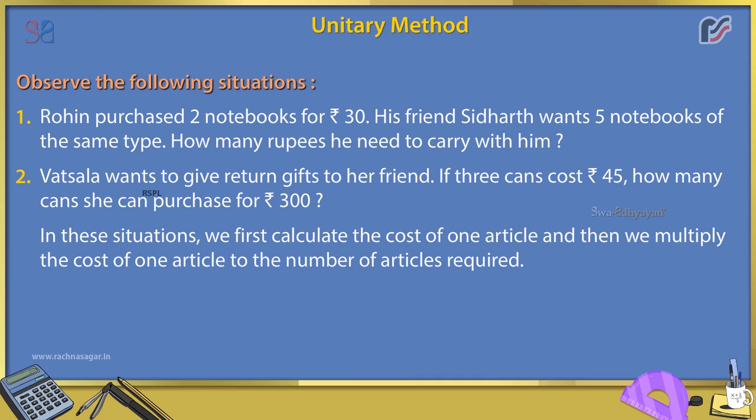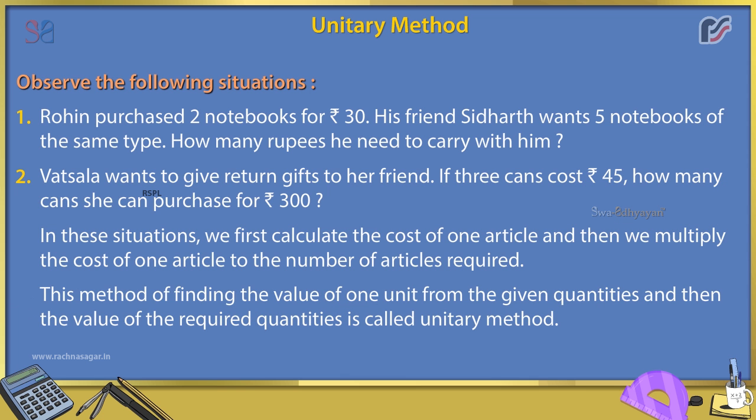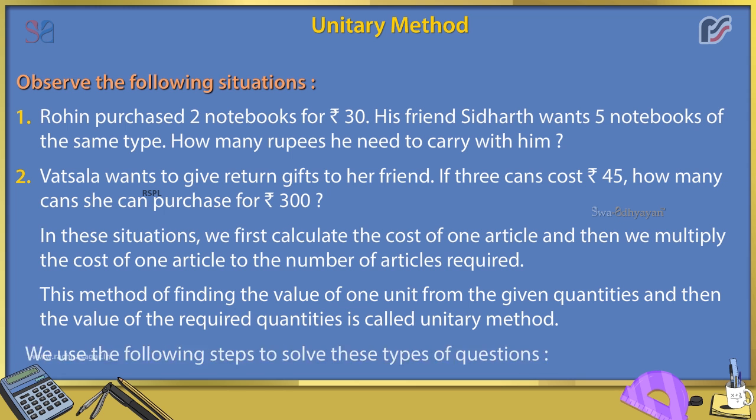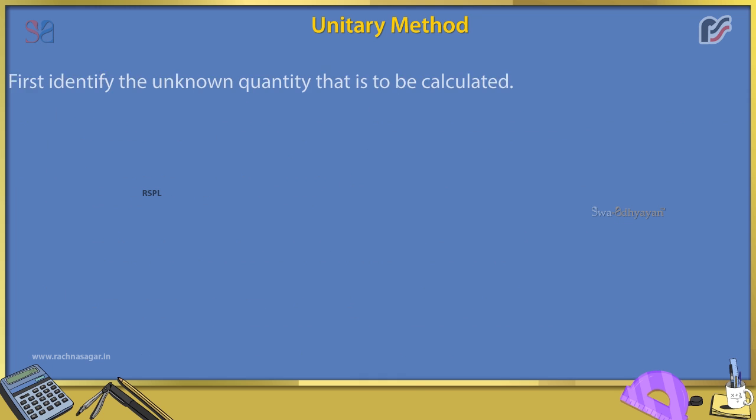In these situations, we first calculate the cost of one article and then we multiply the cost of one article by the number of articles required. This method of finding the value of one unit from the given quantities and then the value of the required quantities is called unitary method. We use the following steps to solve these types of questions. 1.